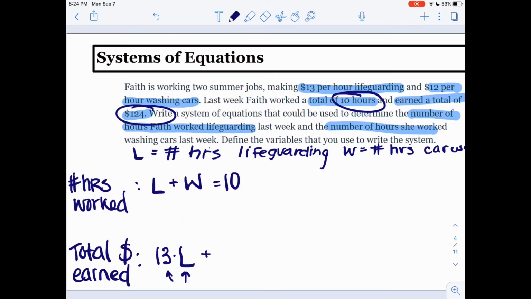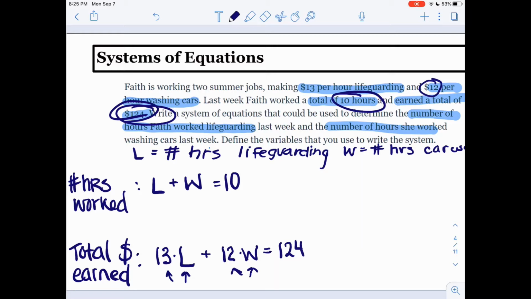We also know she worked a certain number of hours washing cars. We don't know how many hours that was, but we know she was paid $12 per hour. So we're going to multiply her number of hours by the amount she was paid, which is 12. And we see that total came out to 124.